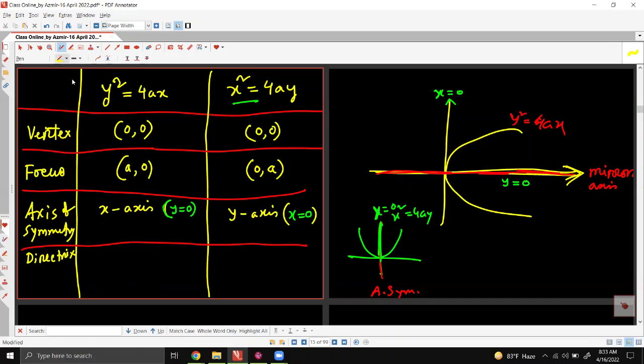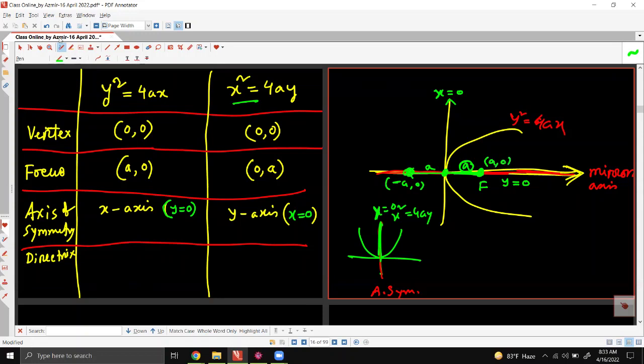So what is the directrix? From the vertex at a distance a, we have the focus. If we consider the same distance on the negative side, on the left, then this distance is a, but the point is here minus a comma 0 and here a comma 0.